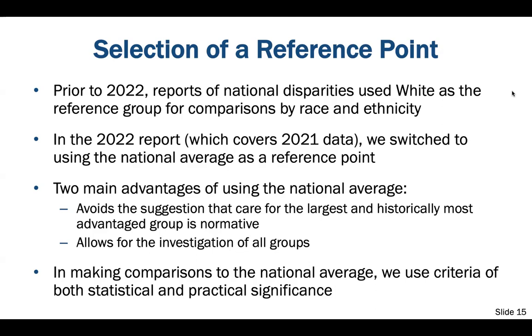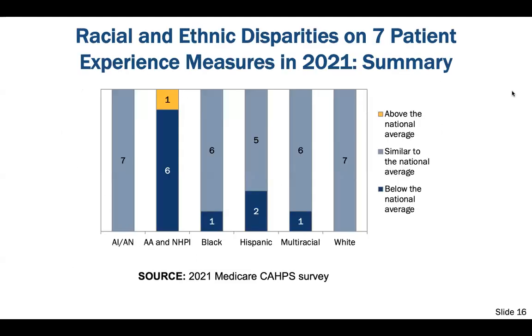Next slide, please. So here you see an extract of one of the exhibits from one of our reports. For each of these 6 racial and ethnic groups, we've compared them to the national average.